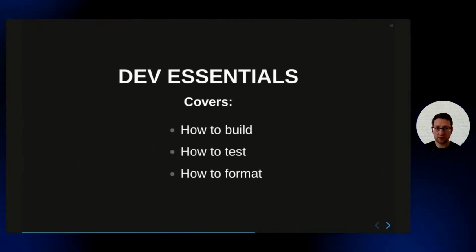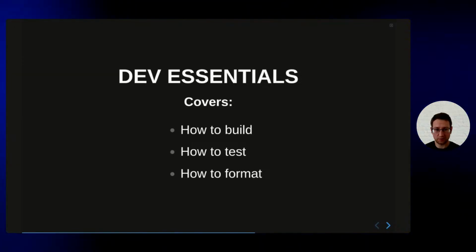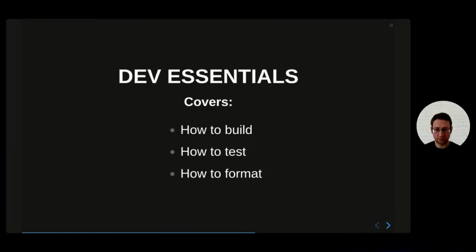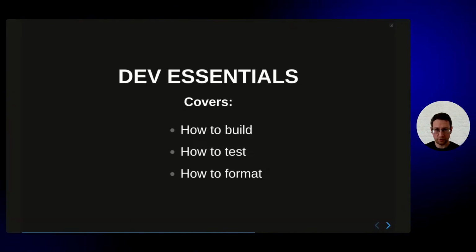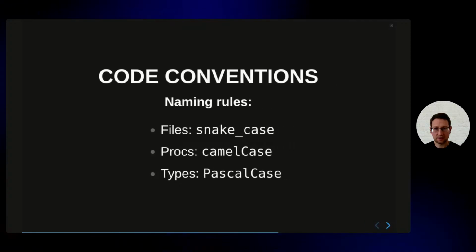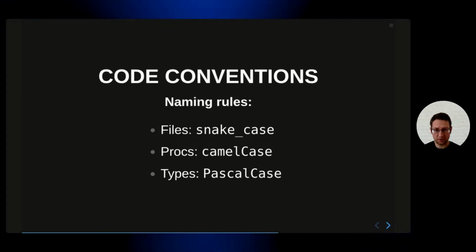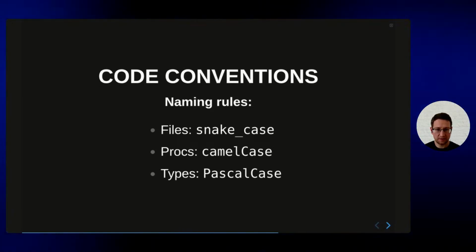Then we have a few developer essentials: how to build the project, how to test the project, how to format the code, what formatter we use, and how, and other necessary things. Some code conventions regarding naming, how we name files, how we name procedures, how we name types.